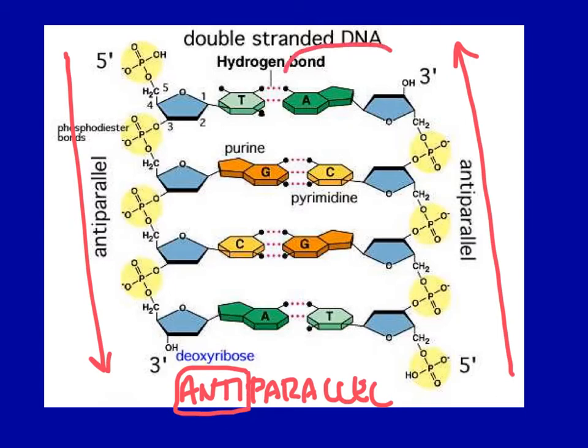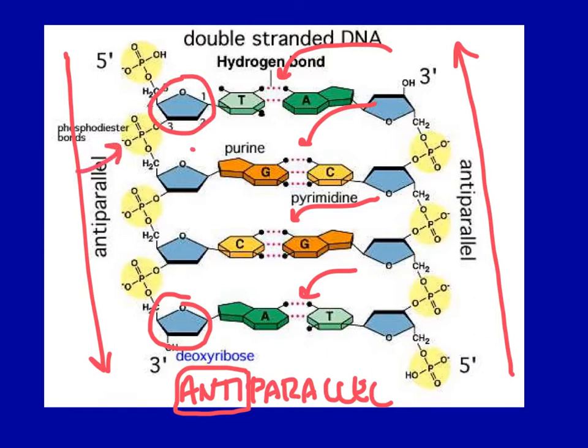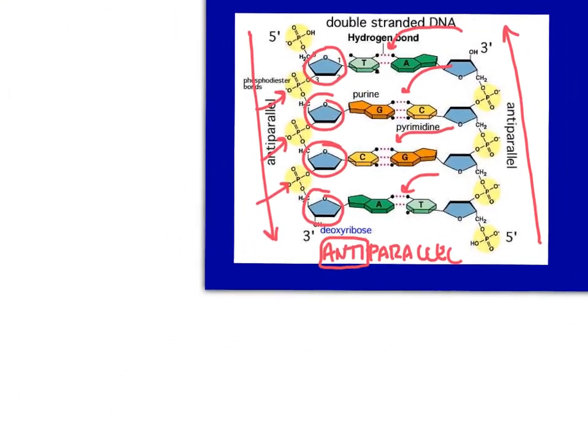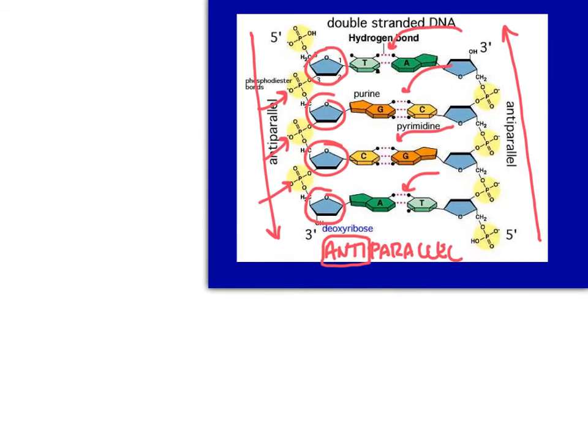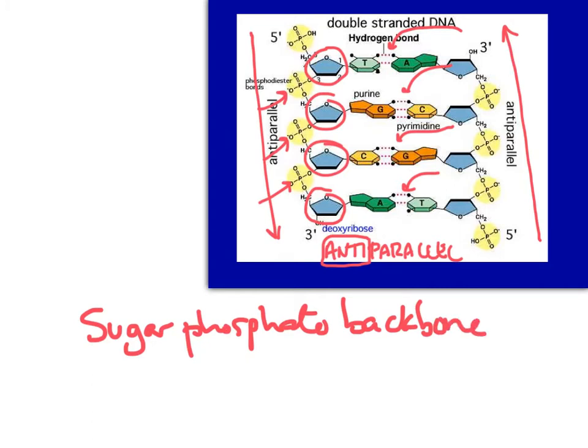The hydrogen bonding is shown between the nucleotides, between the bases, and there is the sugar phosphate backbone because there is a sugar. Here's a sugar, phosphate, sugar, phosphate, sugar, phosphate. So the whole structure of DNA is based on the sugar phosphate backbone.